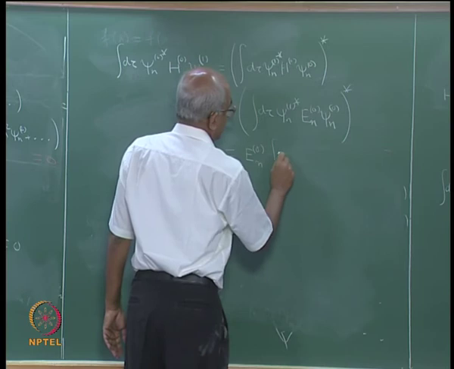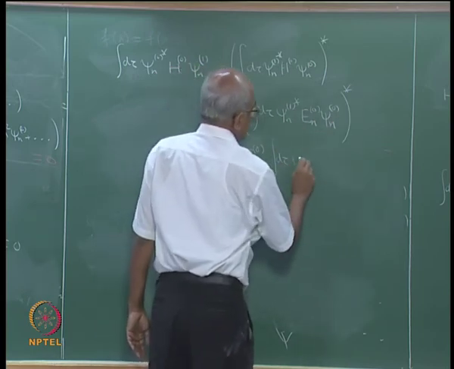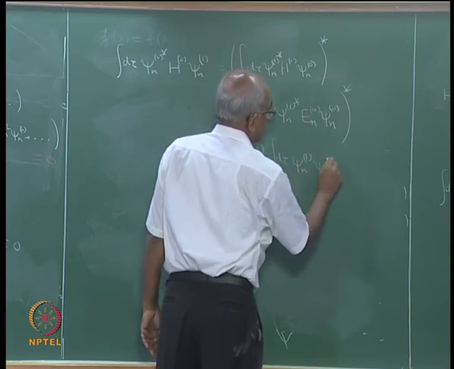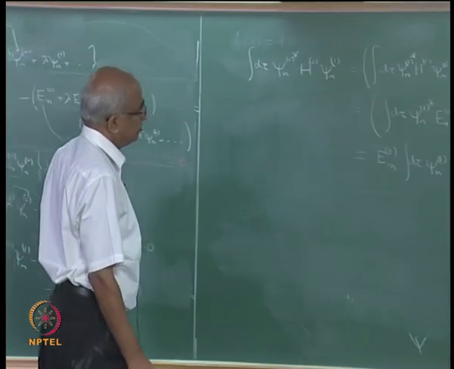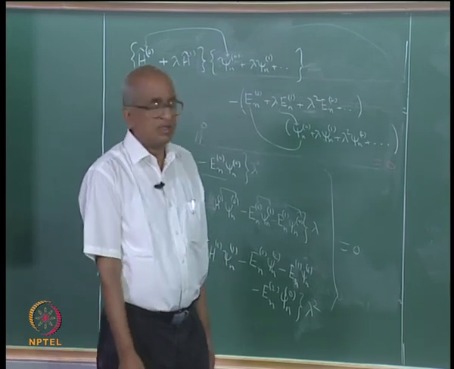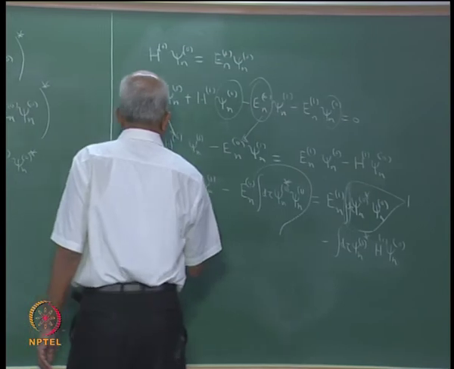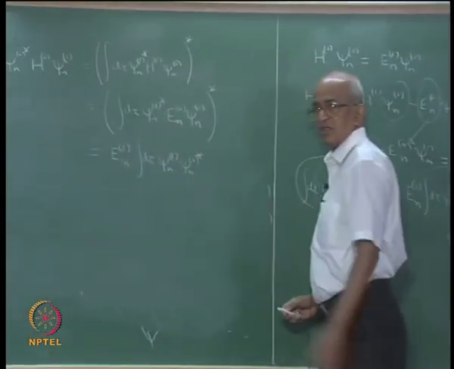Then I would have the integral d2, again taking the star inside, psi n1 multiplied by psi n0 star. So, we have evaluated this and found that it is equal to that.